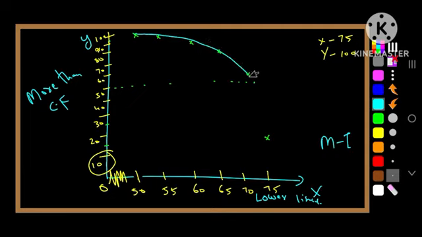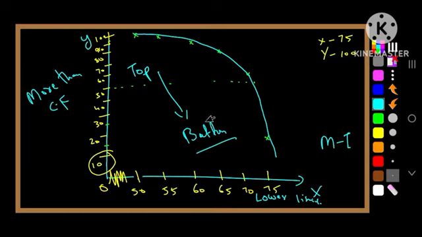When I join all these points, you can see that I am getting a curve which is coming from top to bottom. If the graph is falling, that is from top to bottom, then this ogive is known as the more than ogive curve.